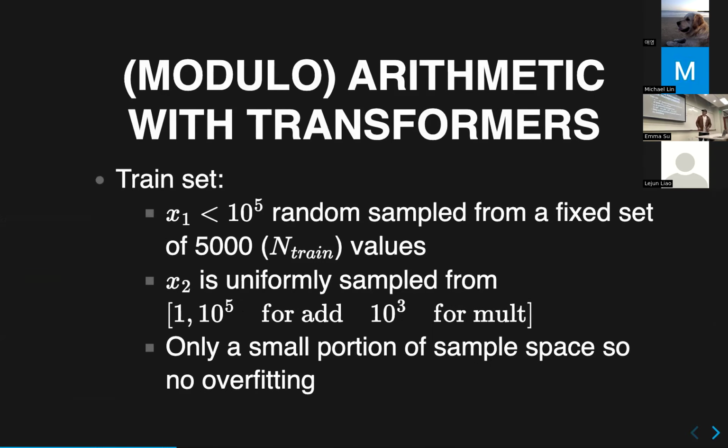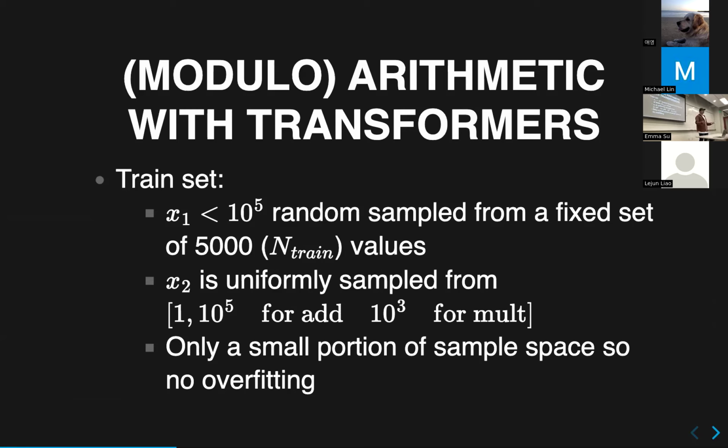So they set up their experiment like this. They take 2 positive integers, x1 and x2, and they sample x1 as any 5-digit integer within a specific set of 5,000 integers. For x2, they sample either a 5-digit integer for addition or a 3-digit integer for multiplication.